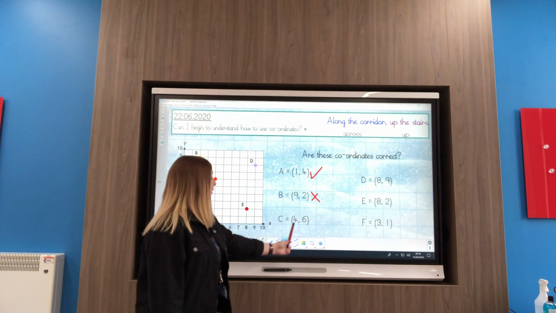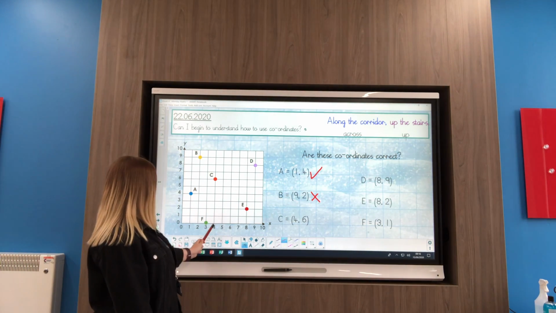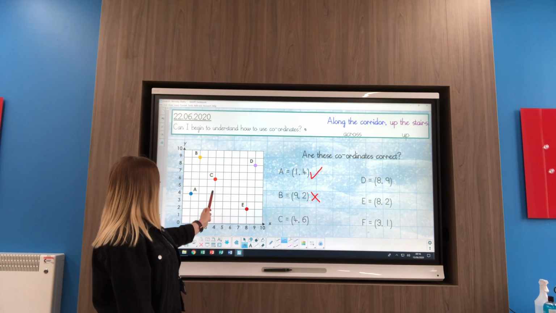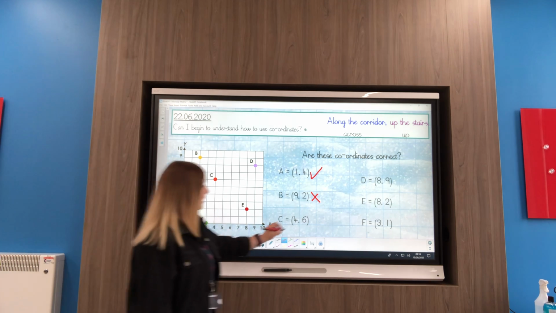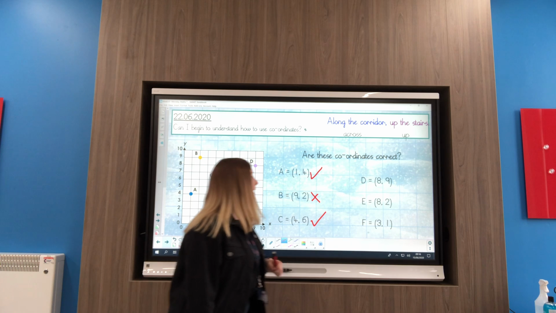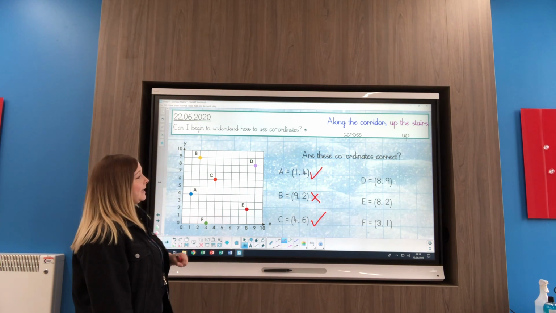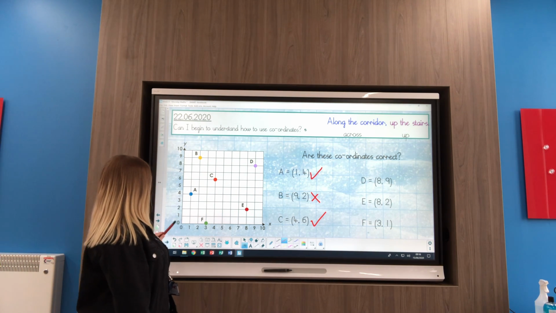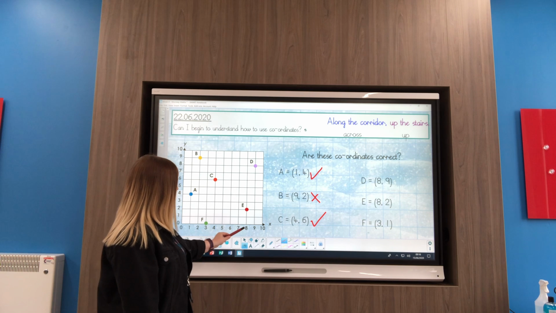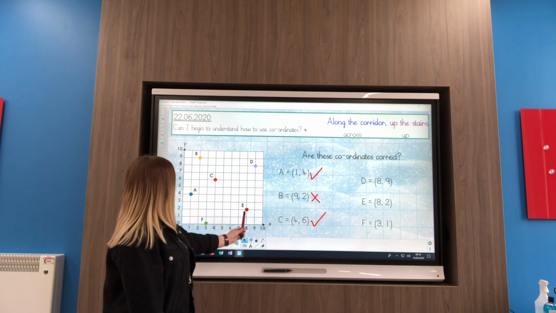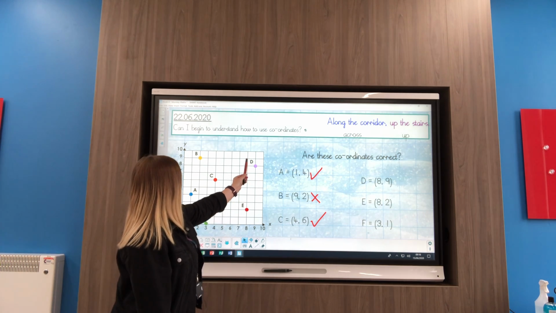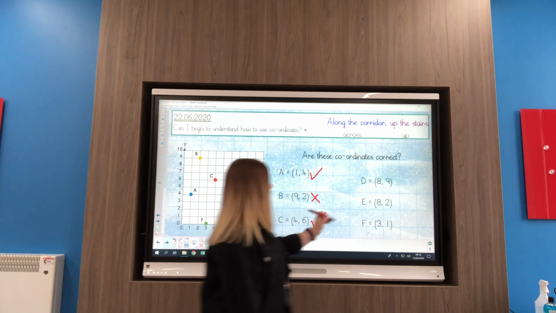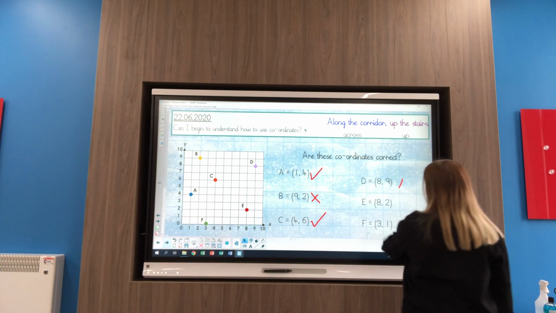C says across 4 and up 6, so across 4 and up 6, and I've got C there, so that one's correct. D is across 8 and up 9, so let's find 8, and then let's go up to 9. Oh, and I've not got anything there, so that one must be incorrect.